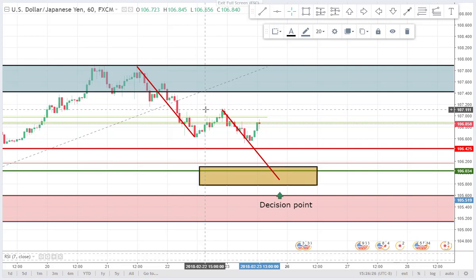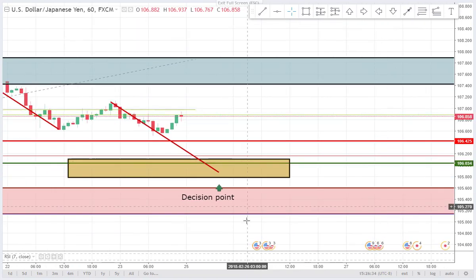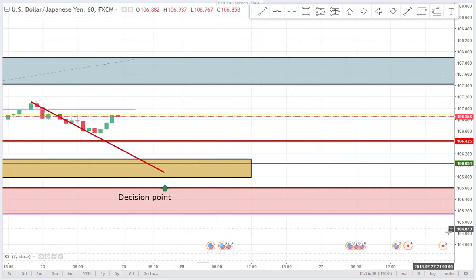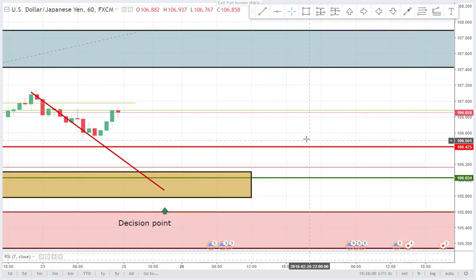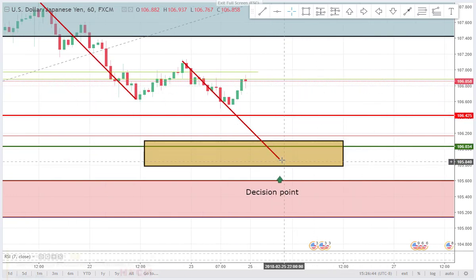Decision number 2 is that you could wait for our next bar. So for instance, price action decides to give us a push down to this area.